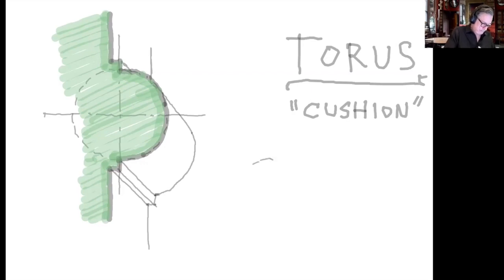So if we draw an ellipse here, like that, there's nothing that says we couldn't have an elliptical torus as well.